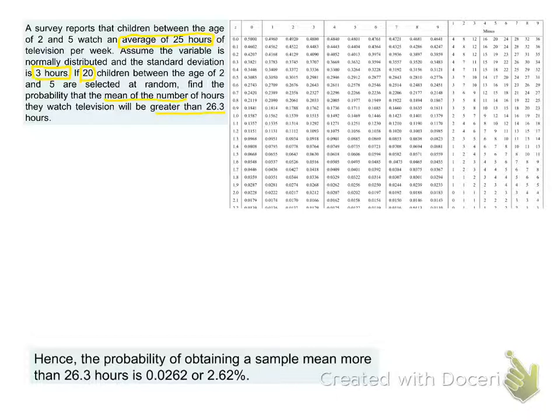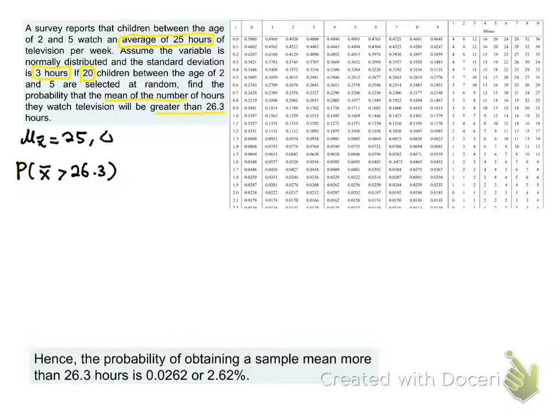So it means that we are finding what? P of x bar more than 26.3. Alright? But based on the information given, what do we have? We have the mu of x bar, right? It's 25.